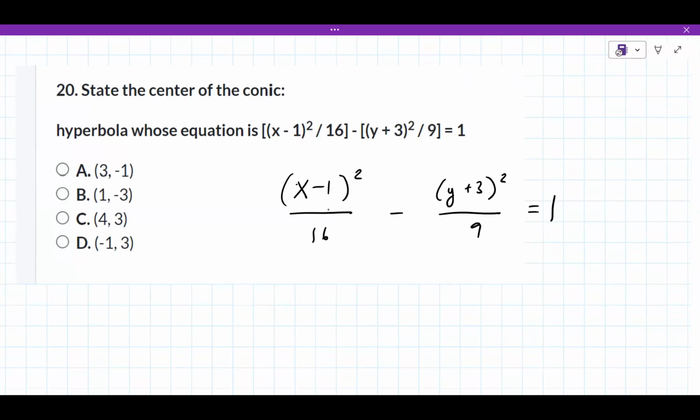This is going to be something that either opens left or right or up or down. And you're looking for that place that's kind of right in the middle. They call it the center. I mean, it's the middle. If you need to, you could plot each of these points to figure that out. But could you go ahead and graph that and tell me what you come up with?